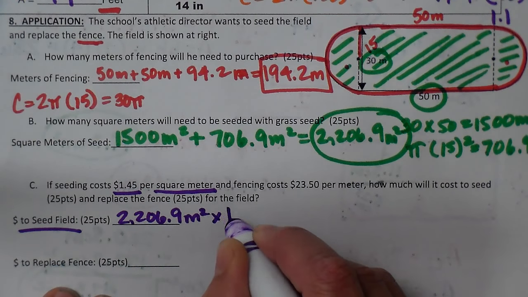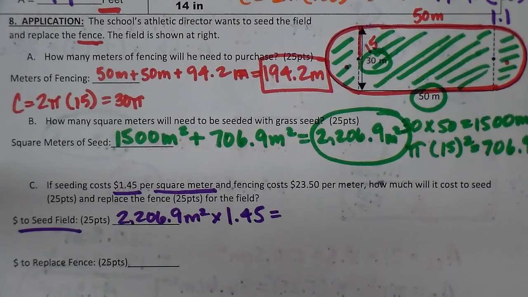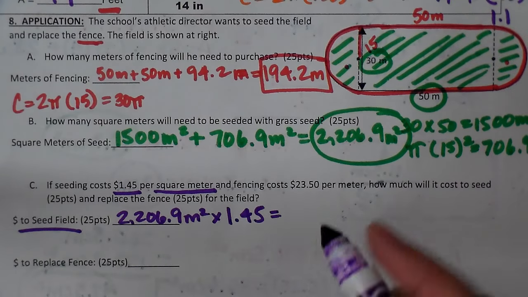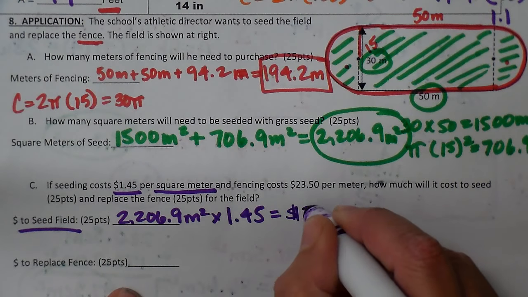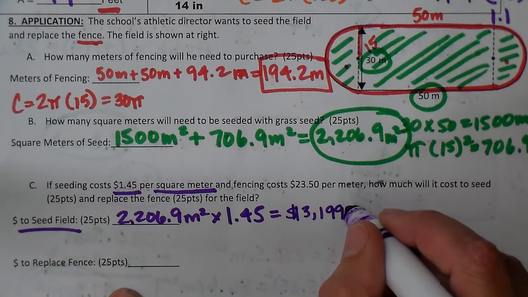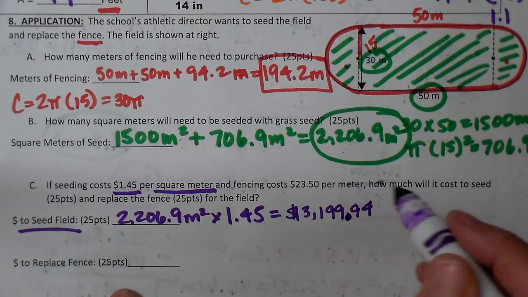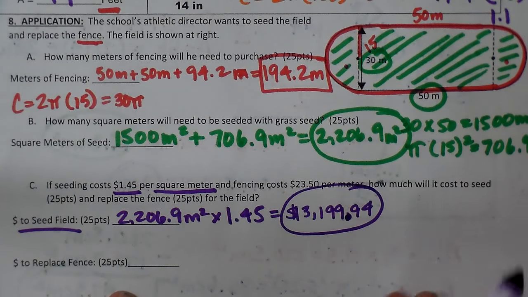And I'm going to pay for those at $1.45 a pop. So I'm going to multiply that by $1.45, and I'm going to get $3,199.94 about. If you put 3,200, that's okay.